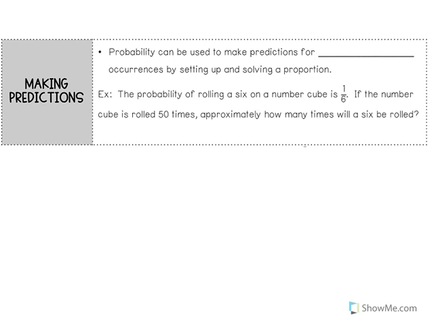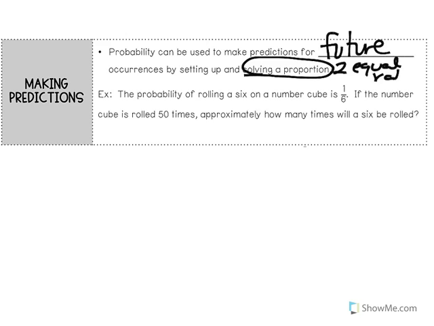So when you're making predictions for probability, it can be used for future occurrences by setting up and solving a proportion. In our class we use a ratio table, because a proportion is when there are two equal ratios of comparison.